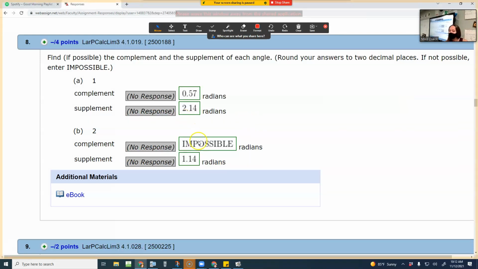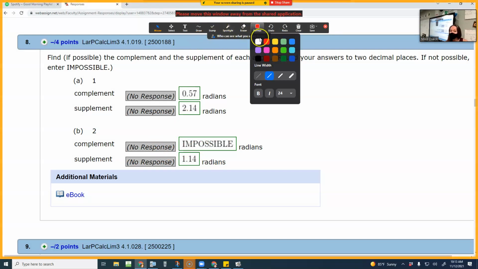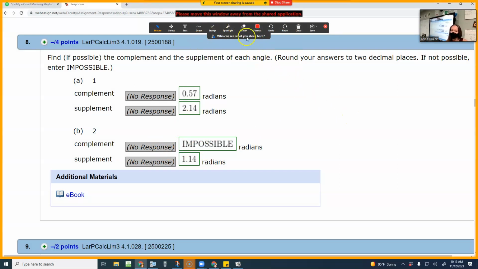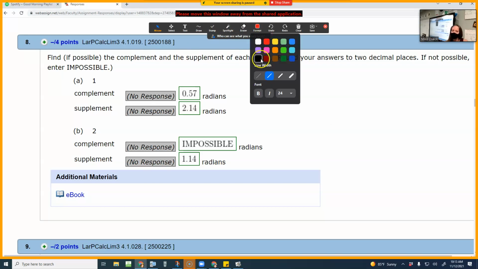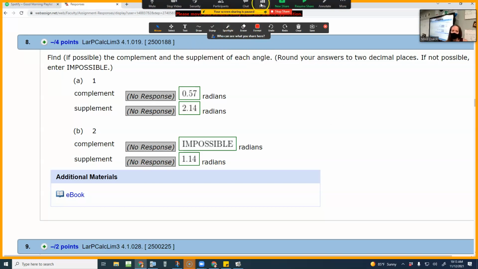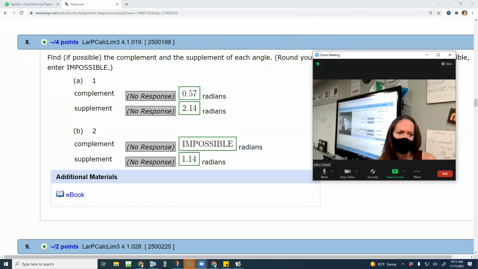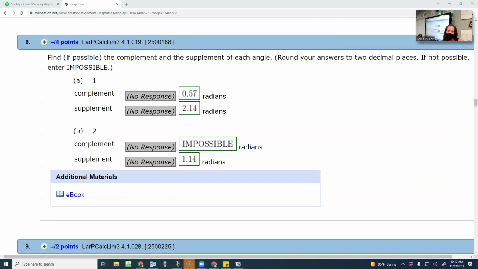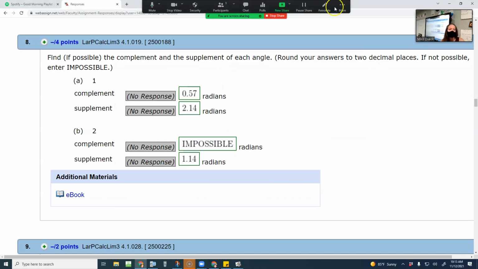Now, why is the B impossible for the complement? To have a complement, the angle can't go past, another way of saying it is can't be bigger than. Why isn't this working? Hold on, give me 1 sec.